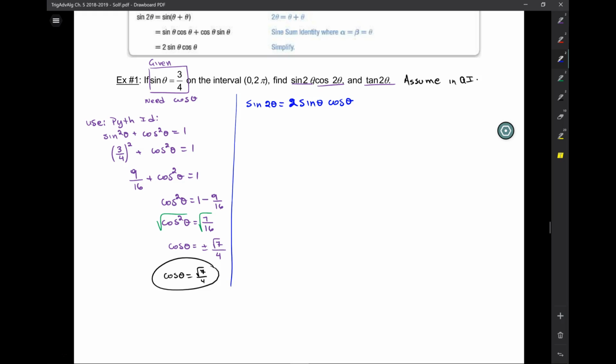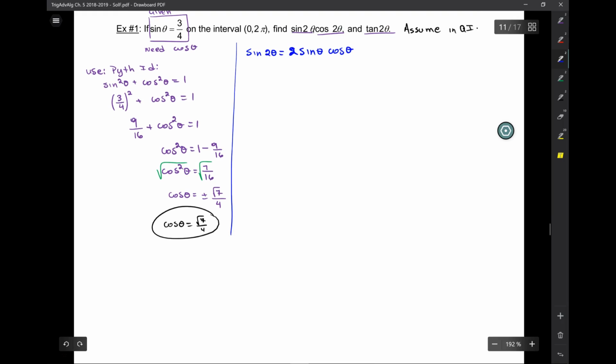So sine of 2 theta is going to be 2 times sine of theta, which we were given, 3 over 4, times cosine of theta, which we just found to be root 7 over 4. I can simplify those. So this is a 2, and we have 3 over 2 times root 7 over 4. That's 3 root 7 over 8.